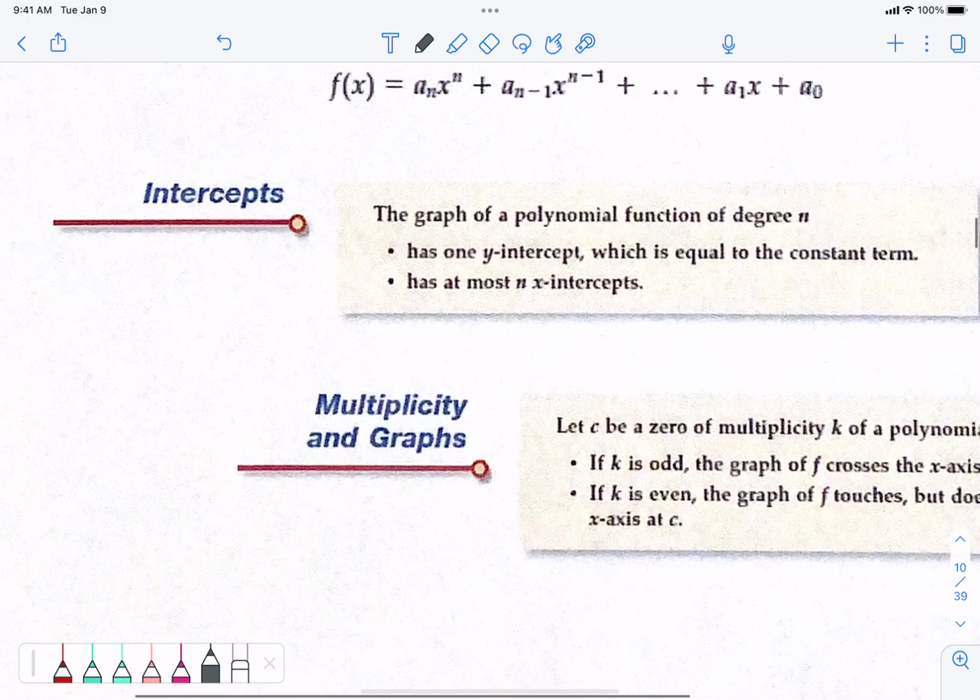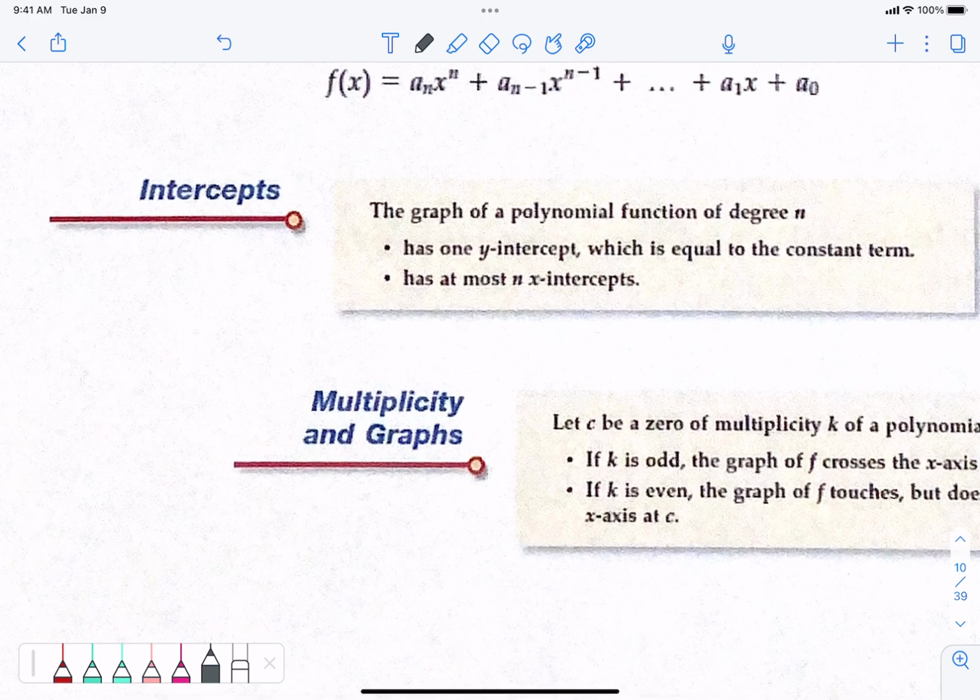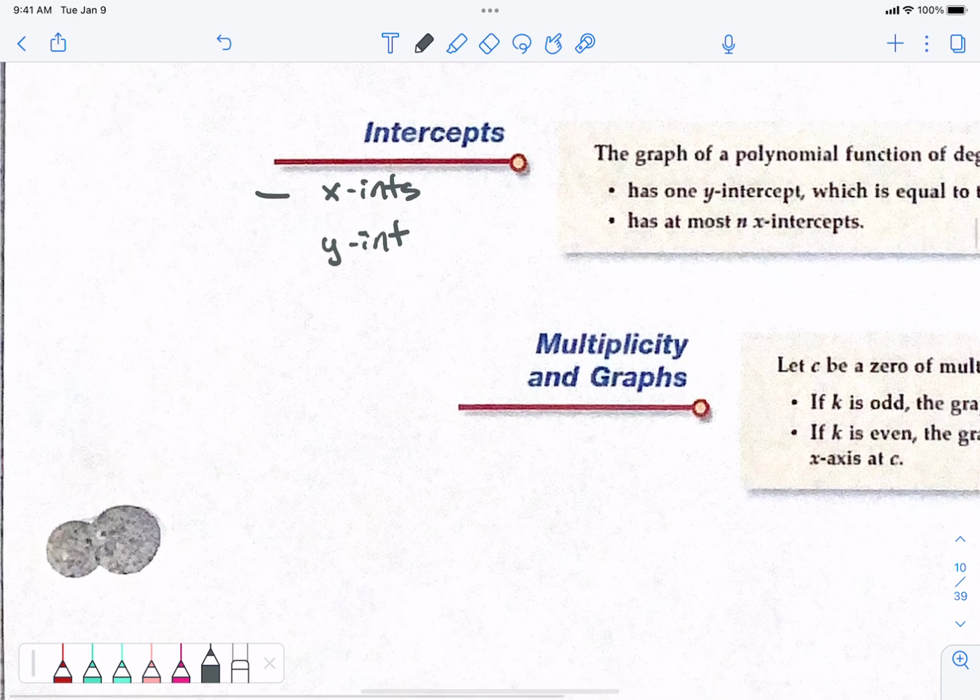Now, intercepts. Let's talk about intercepts. We have two different types of intercepts, x-intercepts and y-intercepts. Now, let's talk about x-intercepts. The number of x-intercepts is determined by the degree, kind of. The number of x-intercepts possible, at most.